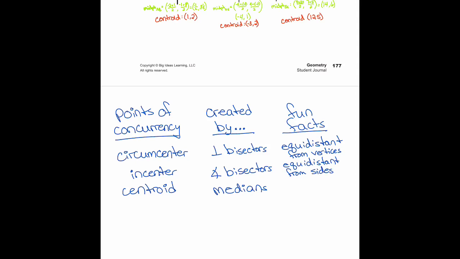And the last one, the centroid, cuts the medians into one part that's 2/3 and one part that's 1/3. Okay, so these are our 3 points of concurrency, how they're created, and the fun fact that is most important to each one.